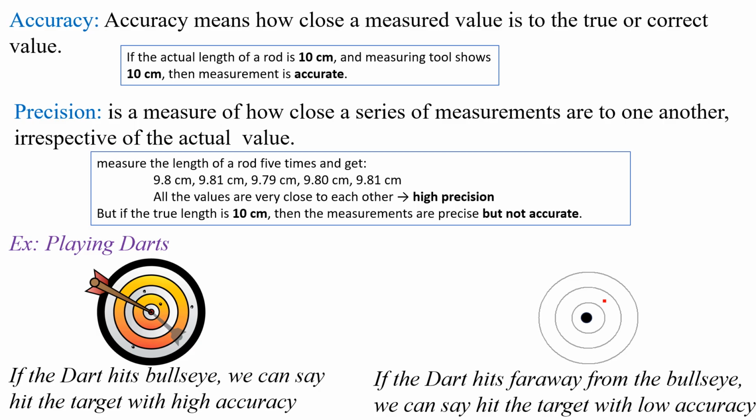If the dart hits the bullseye, then we can say that it hit the target with high accuracy. Similarly, observe the second condition. If the dart hits far away from the bullseye, then we can say that it hit the target with low accuracy. So accuracy means how close a measured value is with respect to the true value.